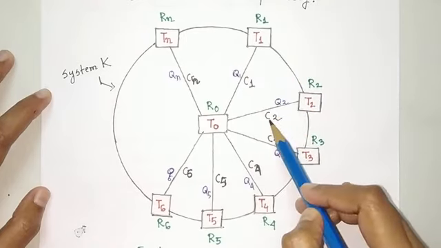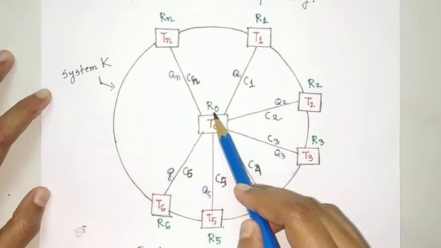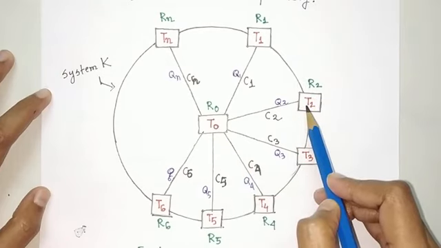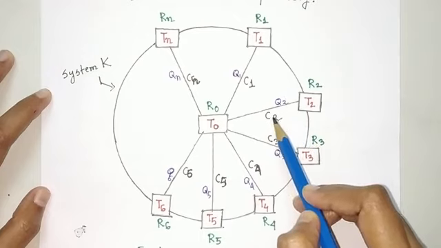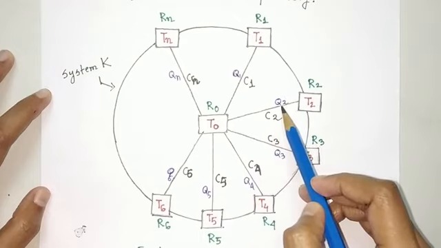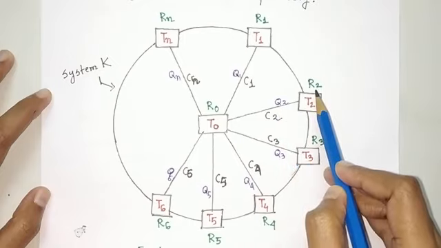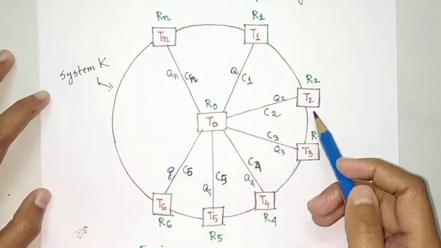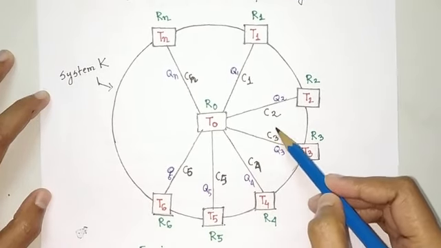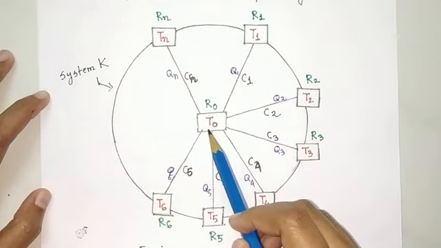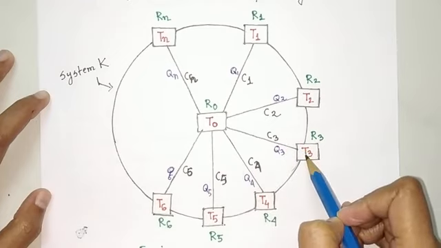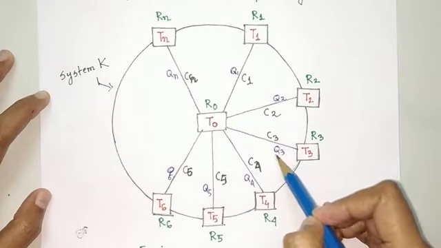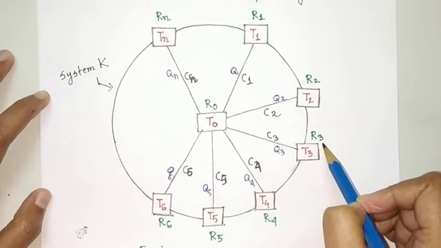Similarly, the Carnot engine C2 acts between the reservoirs R0 and R2, which are at temperatures T0 and T2, and in doing so exchanges an amount of heat Q2 with R2. Again, the direction of the heat flow is not shown. Similarly, the third Carnot engine C3 acts between the temperatures T0 and T3, that is between reservoirs R0 and R3, and exchanges an amount of heat Q3 with R3.